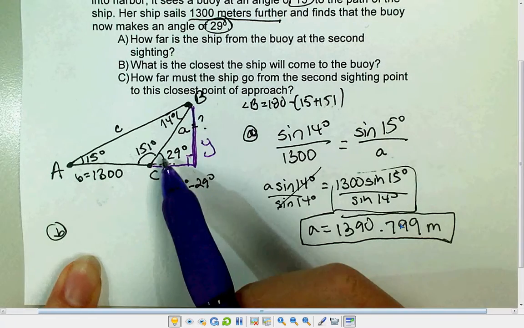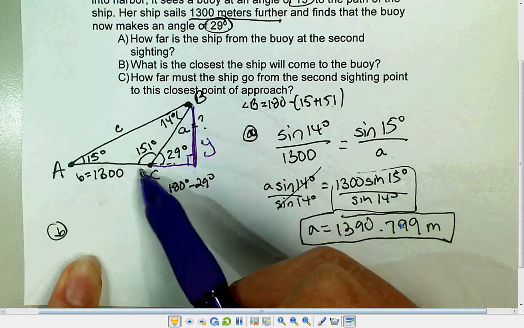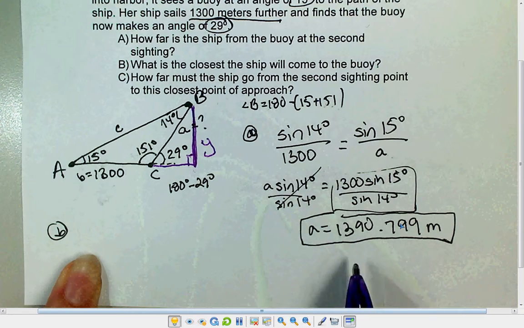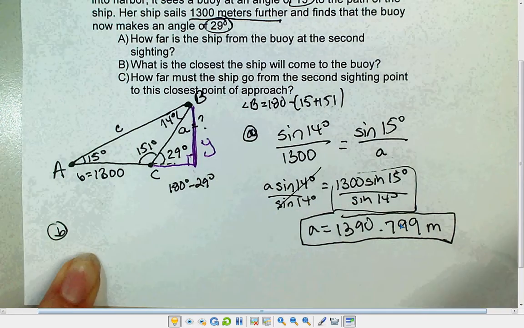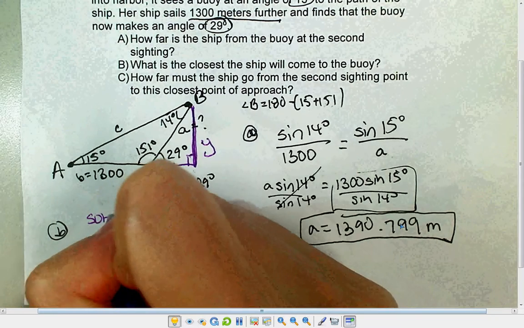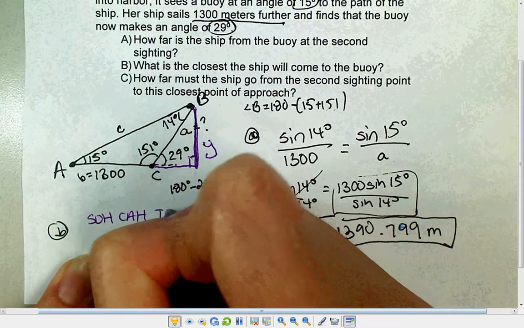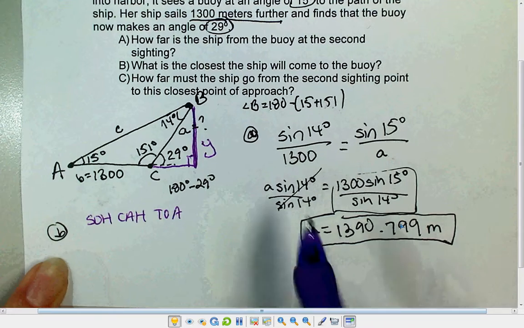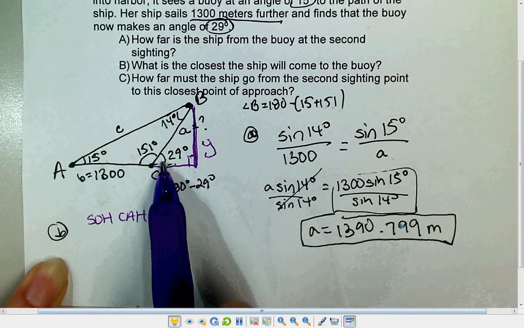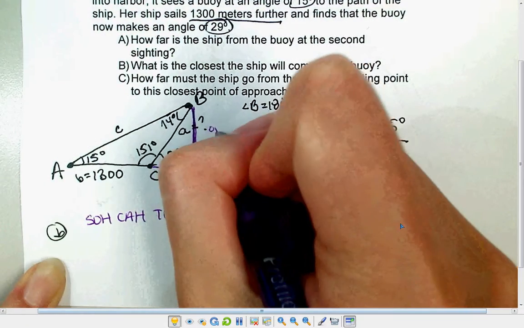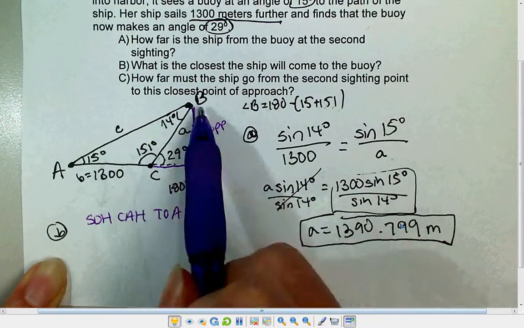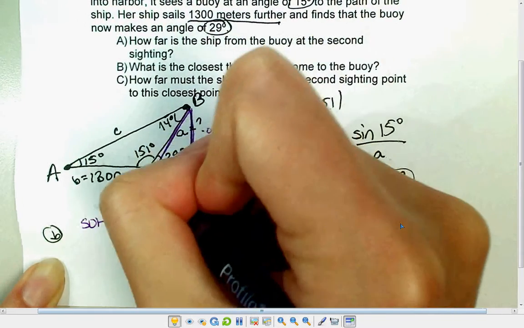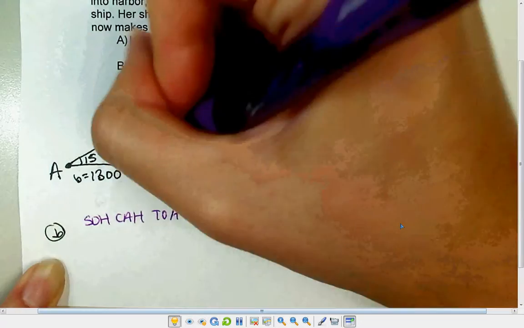We know this 29 degrees right here, and we know the side A since we just solved for it. So because this is a right angle, we can use SOHCAHTOA. And we're looking for, if this is the angle we're using, Y is the opposite. And we know this length right here, side A, which is my hypotenuse.